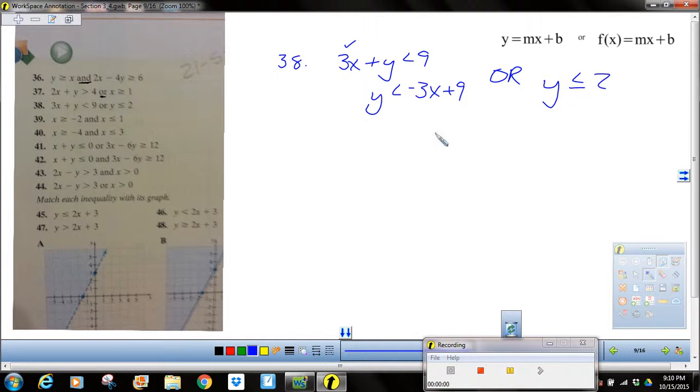So to graph it, I'll start with this one since it was first. The y-intercept is 9. Slope is -3, so down 3 over 1. It doesn't have the equal to part, it's a dashed line.